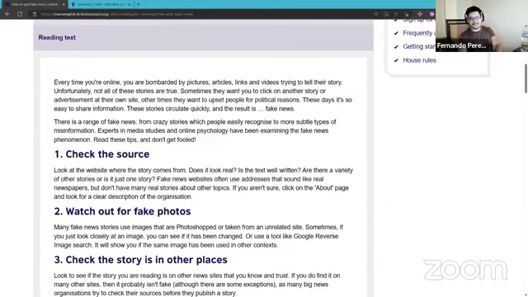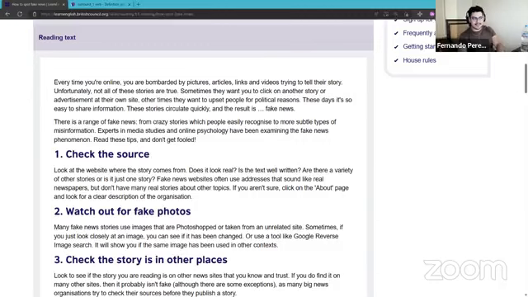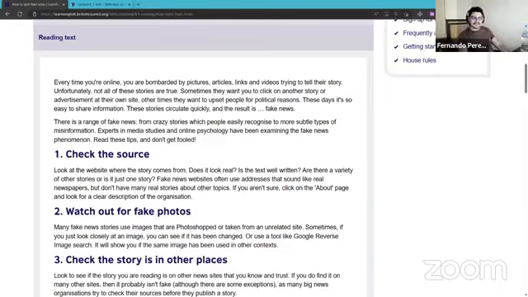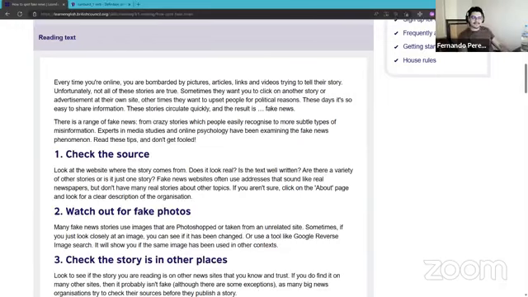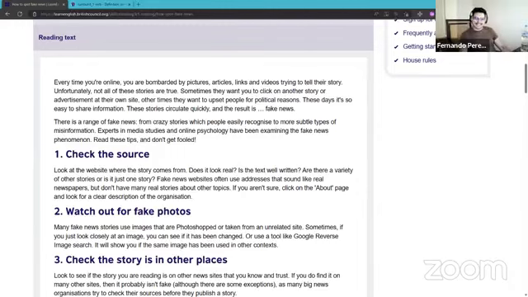We can click only. Click is a verb. Exactly. We can click on this news, but they have other intentions than the title that we saw. Right. Good.